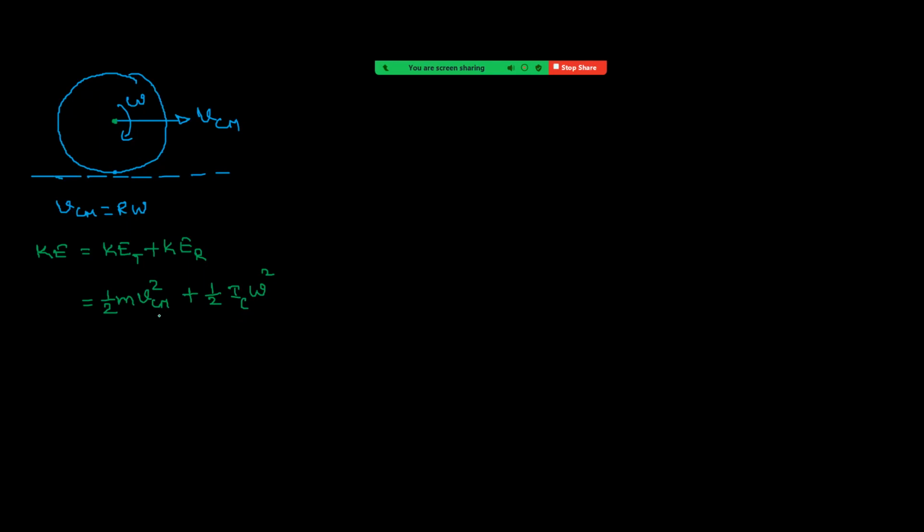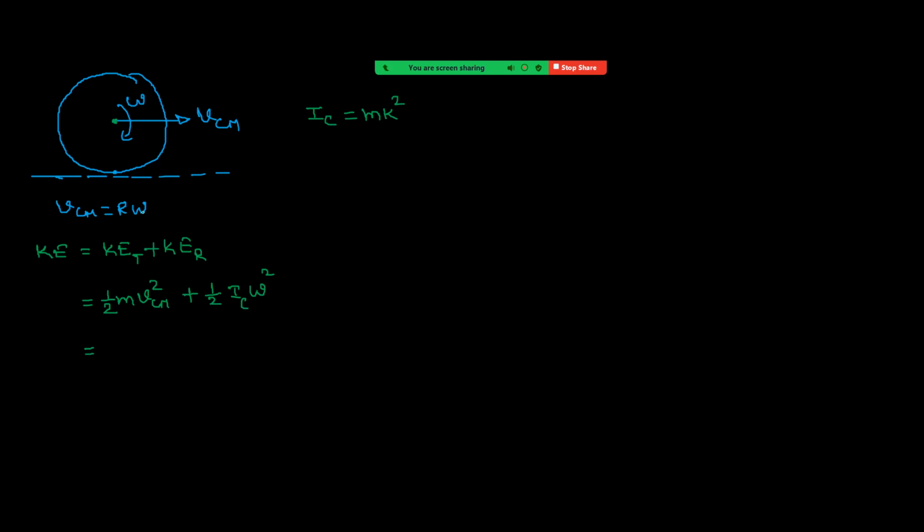Now in this case, when the body is rolling on the ground, VCM equals R omega, right? Then see what we can write. If you want to generalize, this can be a cylinder, a disc, a solid sphere, or any body. In that case, we write the I value about its own axis as m k square, where k is known as the radius of gyration, right?